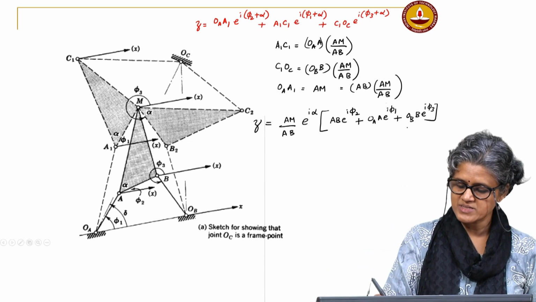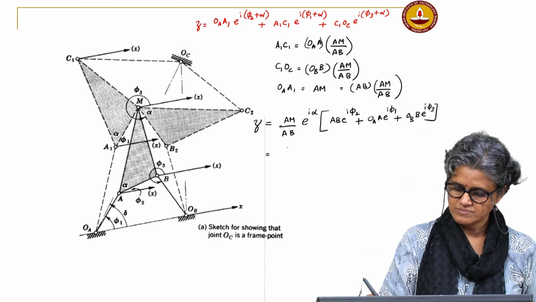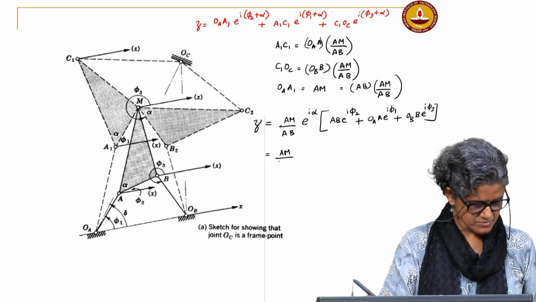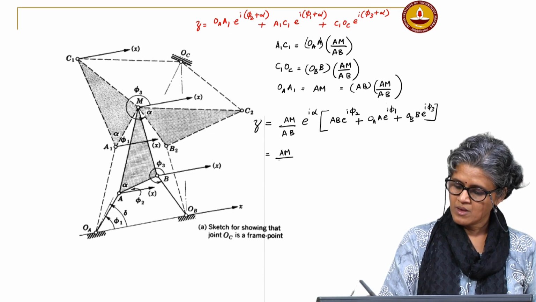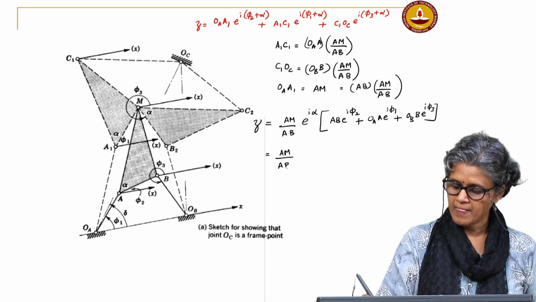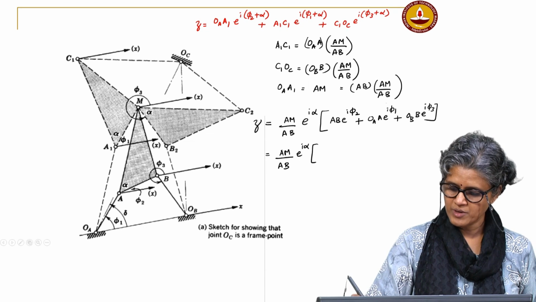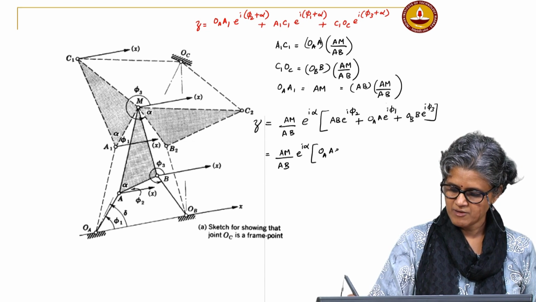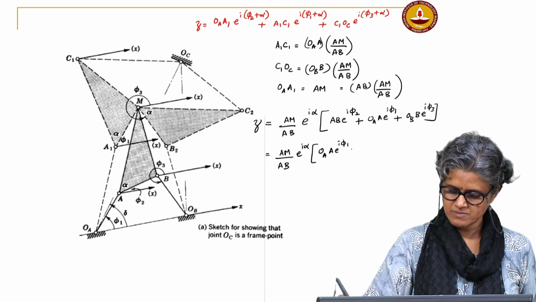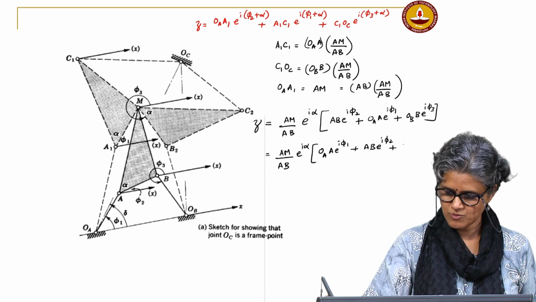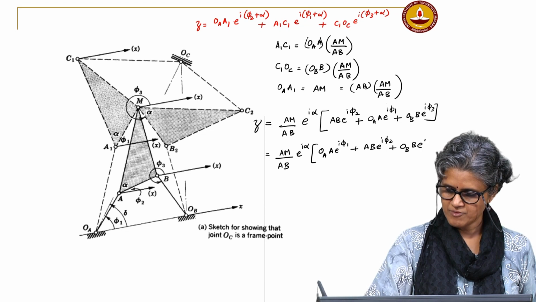Okay, I can just rearrange that and write it as, if I start from here, OAA e power I phi 1 plus AB e power I phi 2 plus OBB e power I phi 3.